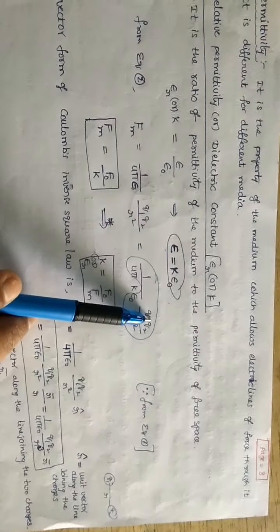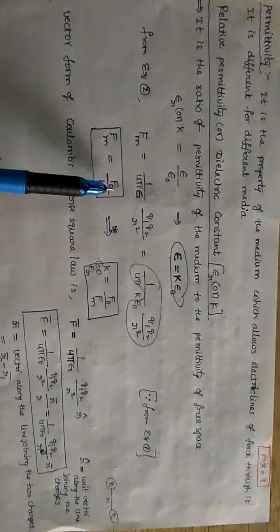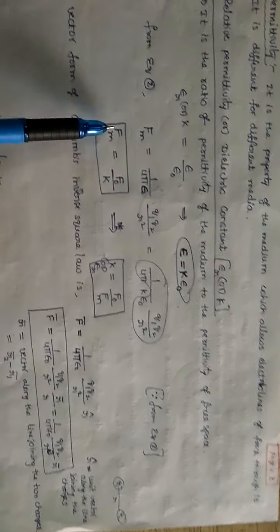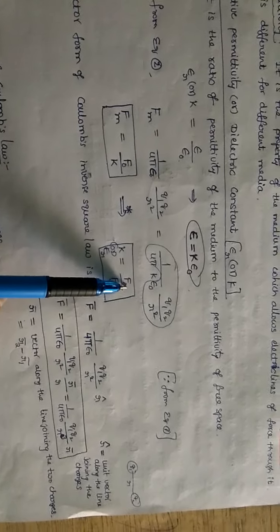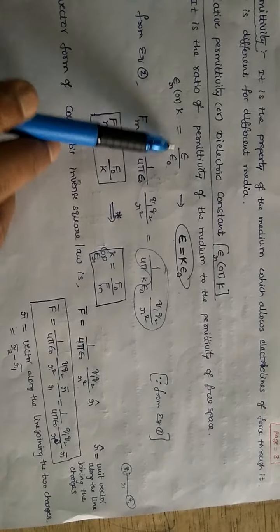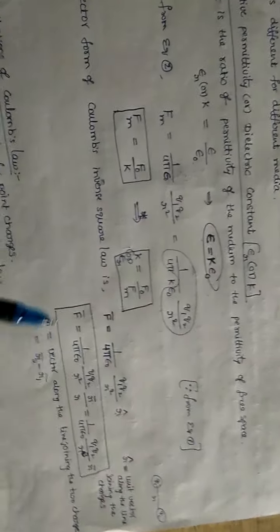The remaining value is nothing but F naught, that means Fm, with medium, is equal to F naught by k. So from this cross multiplication, k or epsilon r is also defined as F naught by Fm. So these are the two different definitions for epsilon r and k, remember.